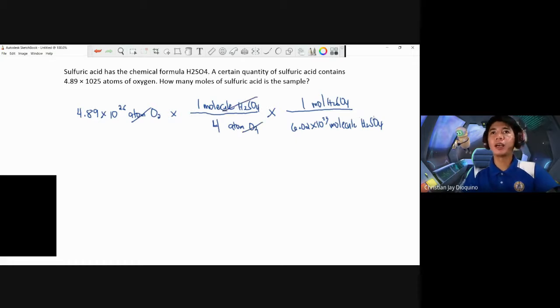Then we can cancel out the units. Cancel, cancel, cancel. Let's go step by step. Don't round off yet; we only round off at the final answer. So we have 4.89 times 10 raised to 25 divided by 4, then divided by 6.02 times 10 raised to 23rd.